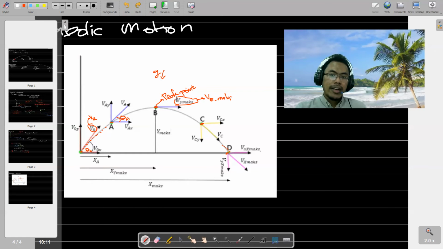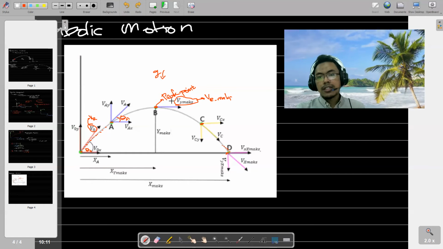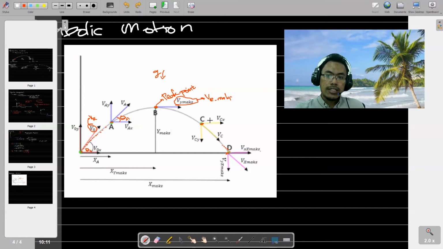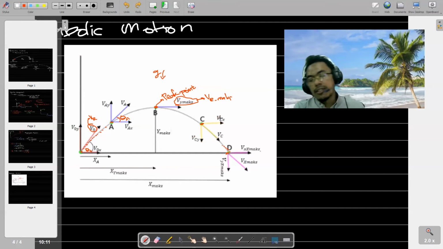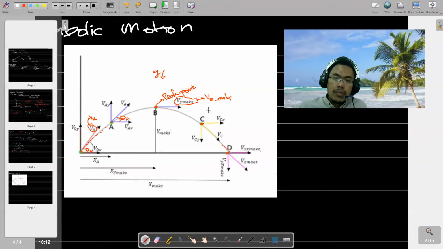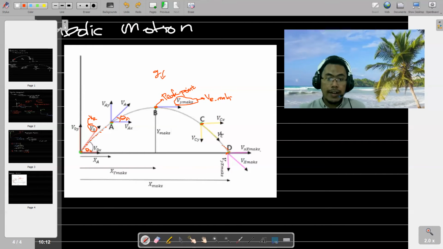And before or after the object passes the highest point, it will have both Y and X components. Okay, so this is the concept of parabolic motion.